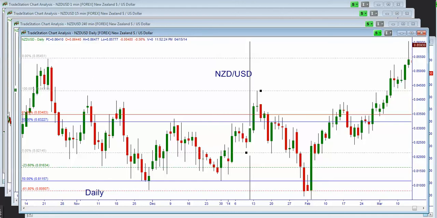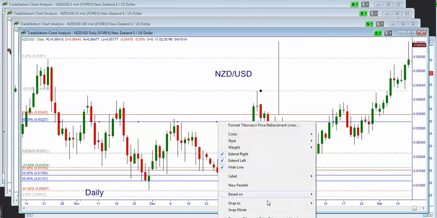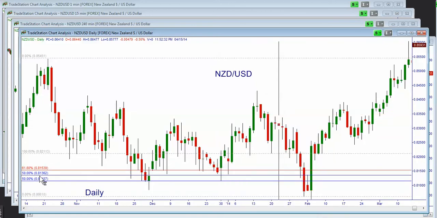But after that, the next measured move in the sequence initially worked, as you can see here, 0.8136 acted as a stop here, and actually acted as an initial resistance here.